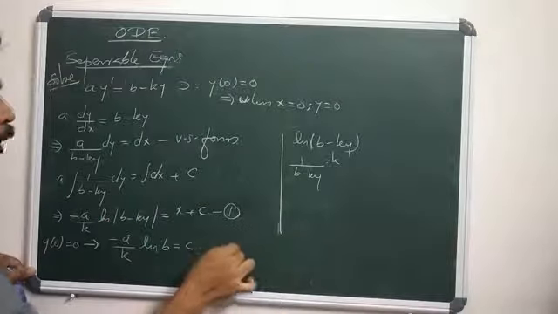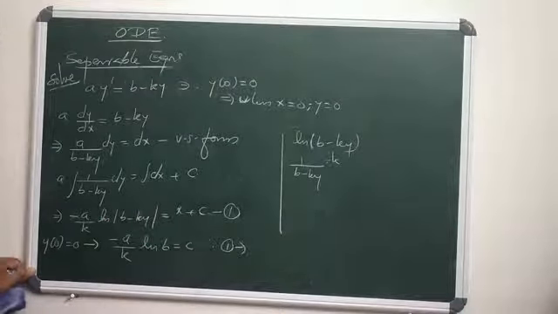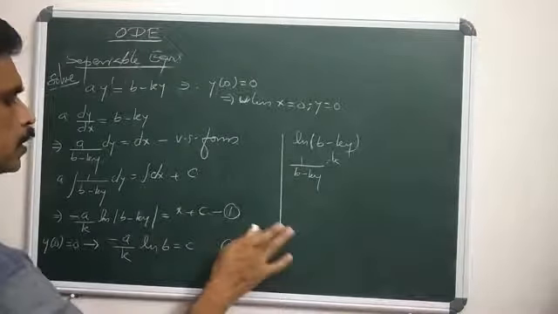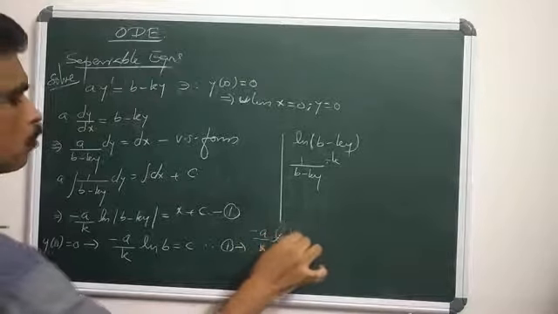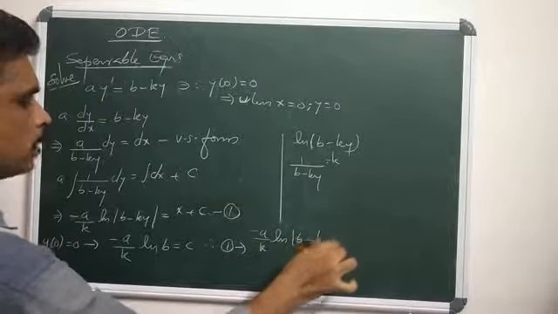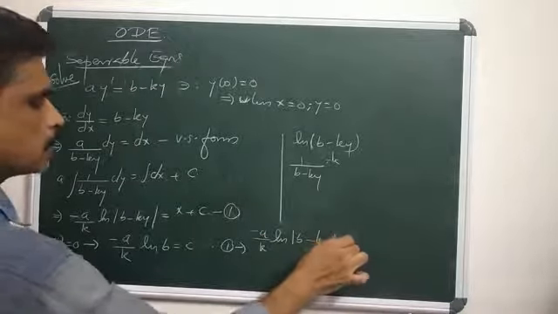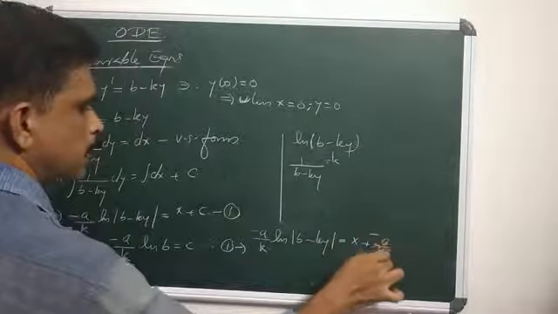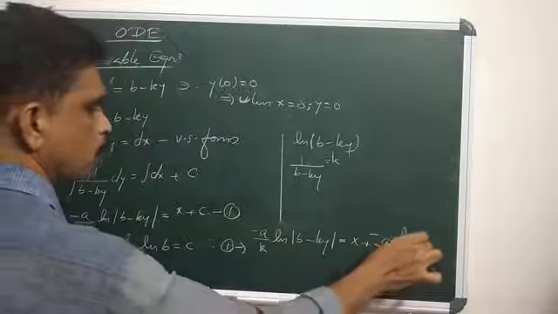Therefore, if you apply this value of c in this equation, we have minus a by k into log of modulus of b minus k y equals x plus c, where c is again minus a by k into log b.